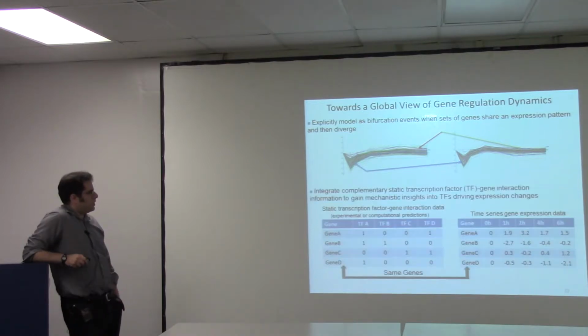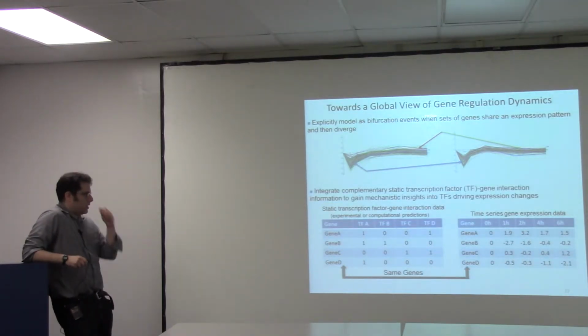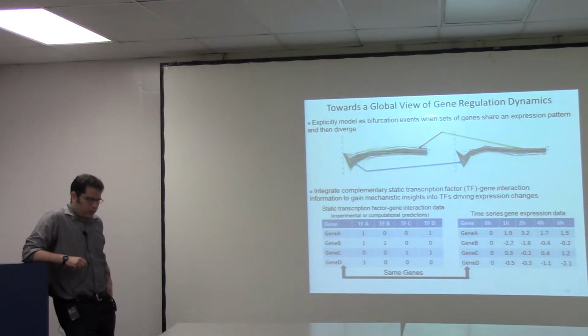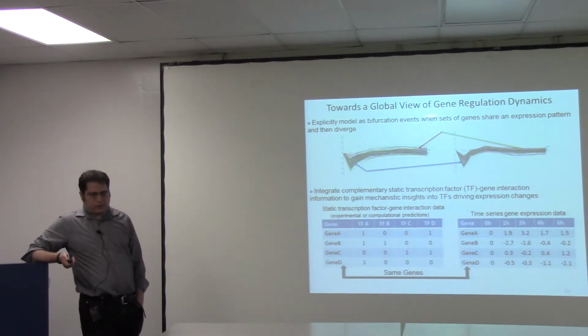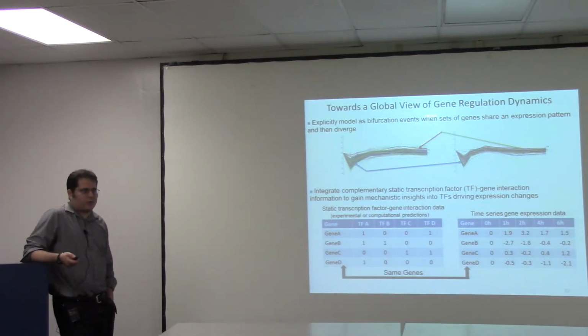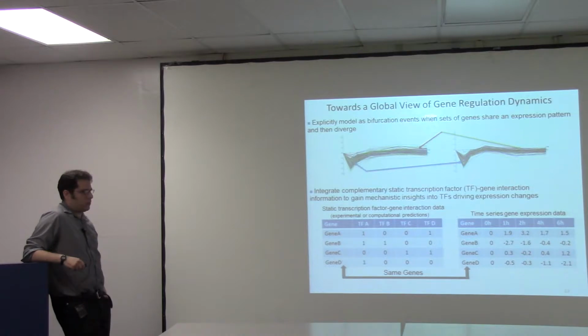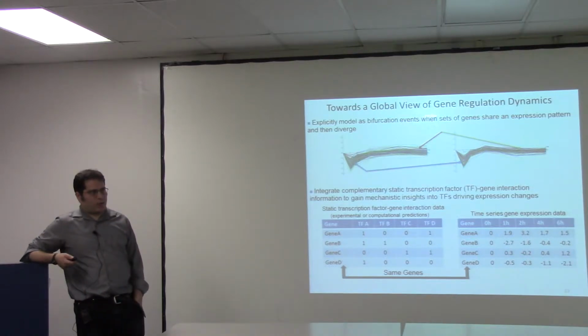some genes go higher than the other ones. And then another thing is you would want to start getting some more mechanistic understanding of what's driving these different patterns in terms of a dynamic regulatory network. You would want to know potentially what transcription factors might be associated with some genes going higher at some instance of time than other genes.